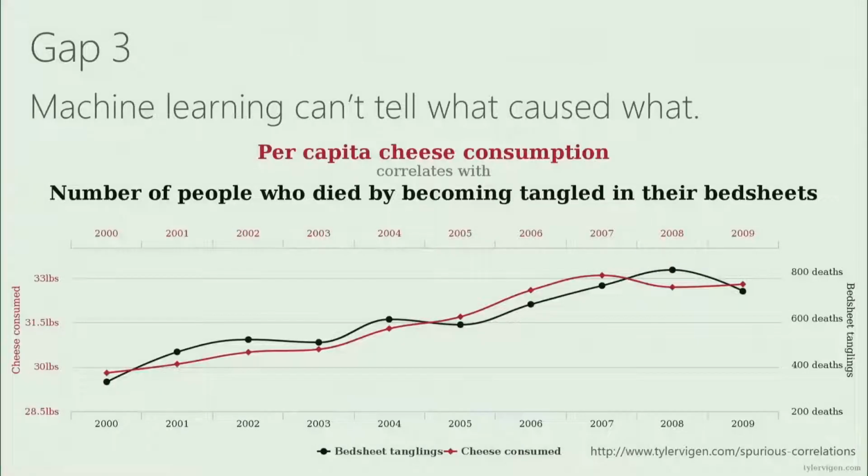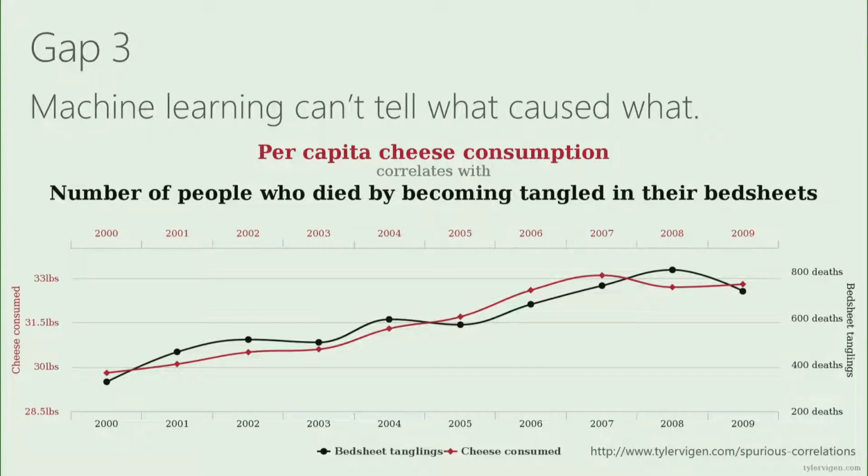And the third big gap, machine learning can't tell what caused what. So here's a plot. It plots two different things: the number of pounds of cheese that on average someone eats in a year over the course of 10 years, and the number of people who died by getting tangled up in their bed sheets on each of those years.